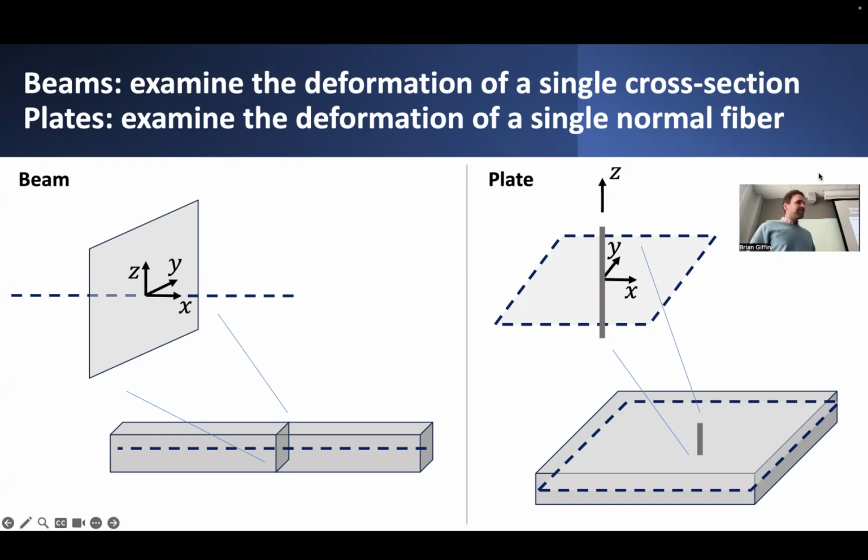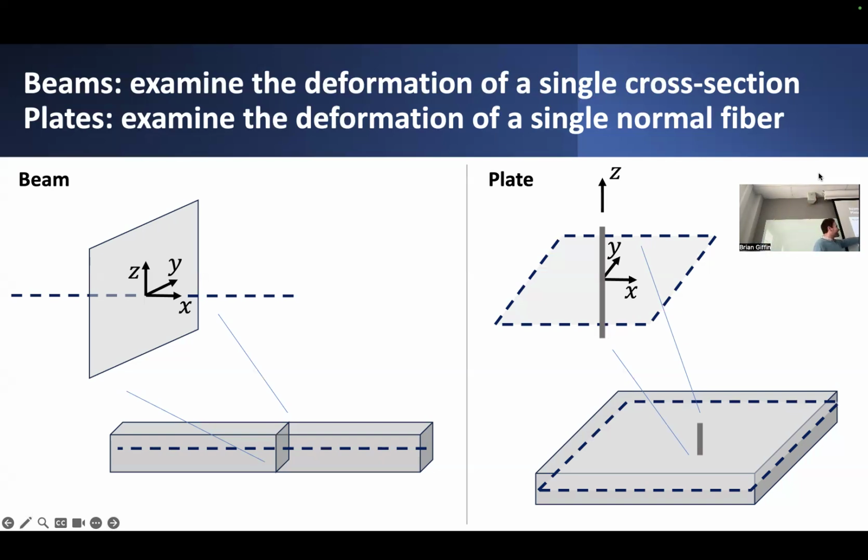All right, so now what we want to do is figure out what exactly happens to this cross-section, or this fiber in a plate, under various deformations. Let's just pick Euler-Bernoulli beam theory; at this stage, it doesn't matter whether we're considering Timoshenko beam theory or Euler-Bernoulli beam theory.